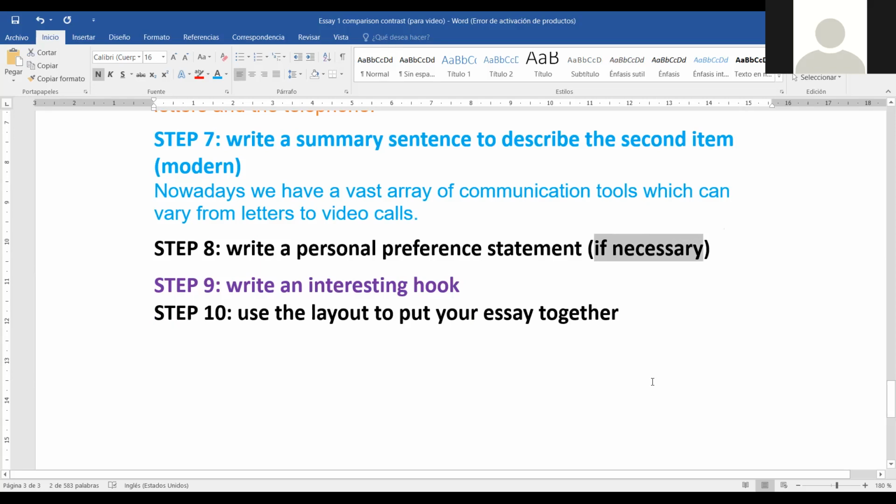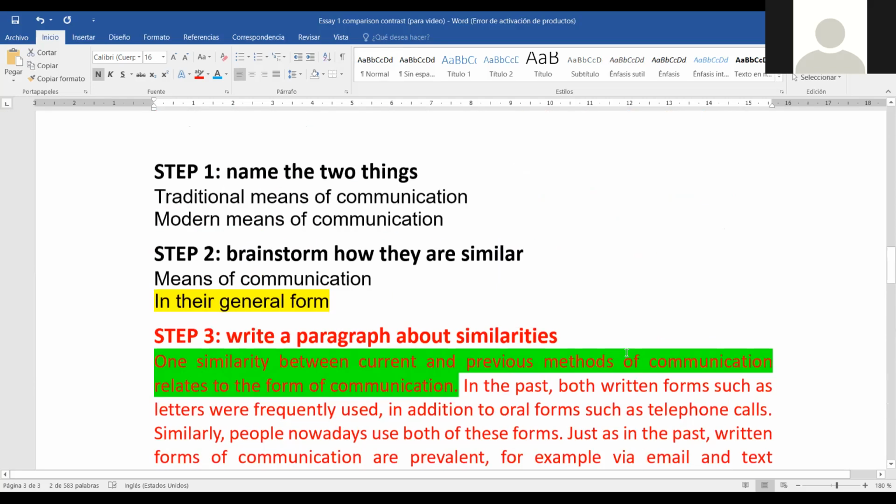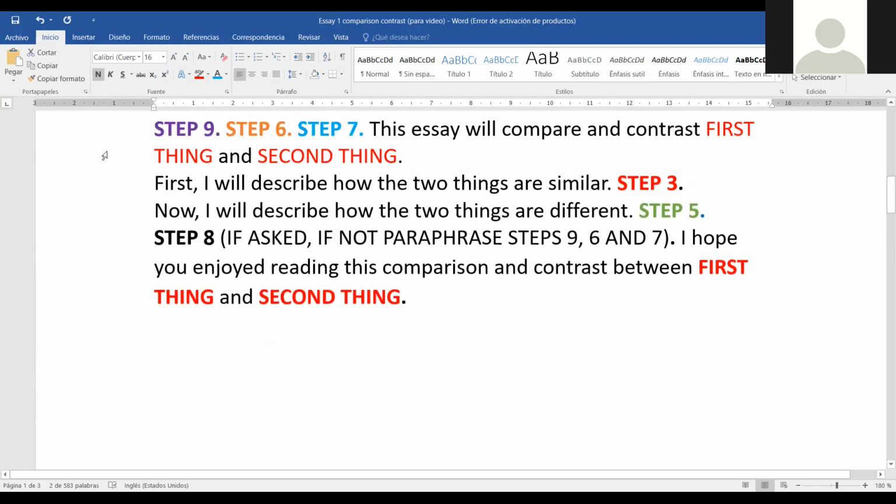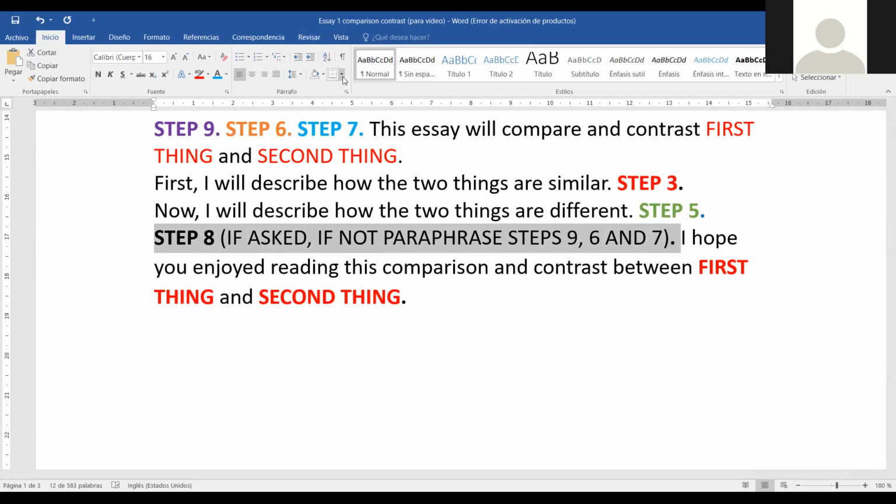Let me see if I put something there in step 8. In my model, so far as I remember, I put it because it also says here, you see step 8, if asked. If not, simply paraphrase steps 9, 6, and 7. So you have to be very careful in this part.